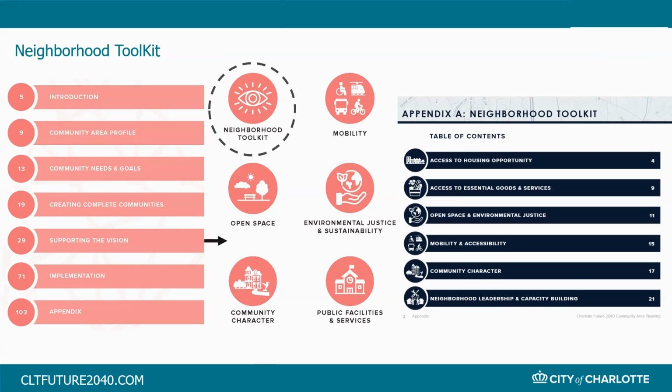The intent is that it's a resource to empower neighborhoods who want to take some action. The toolkit outlines existing programs neighborhoods can tap into to amenitize a common open space and create a neighborhood park. As a reminder, the Neighborhood Toolkit is located in the appendix.